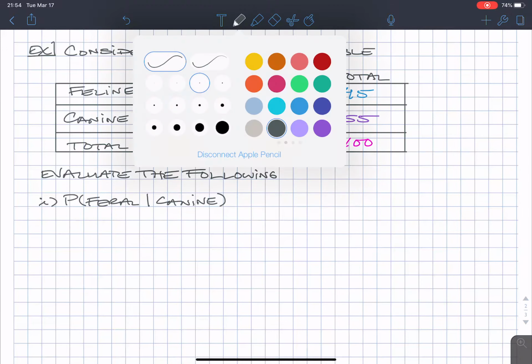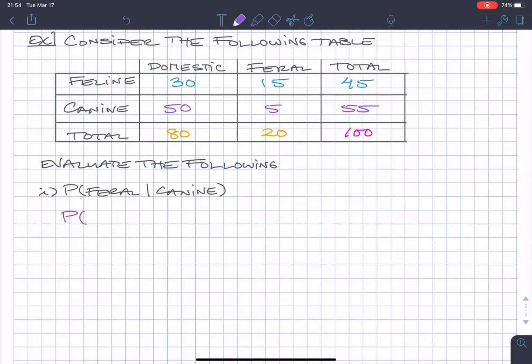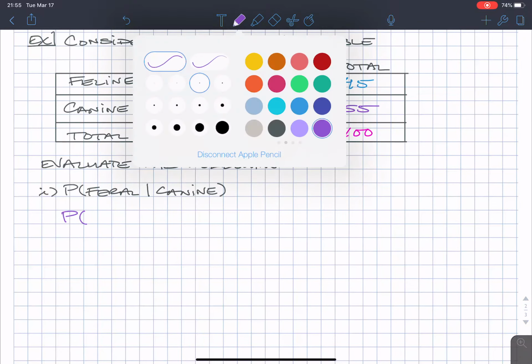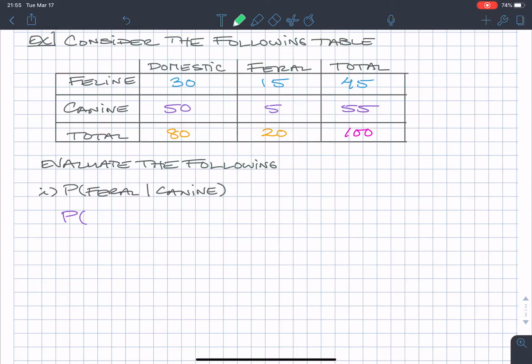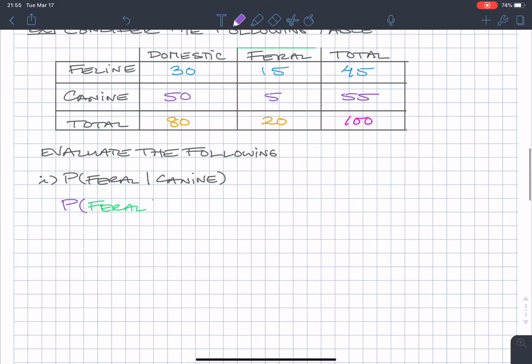So I want to know the probability of being feral. What color shall I associate with feral? Shall we do feral in green? So the probability of being feral given that you're a canine, and canine was in purple, so I used the same color.